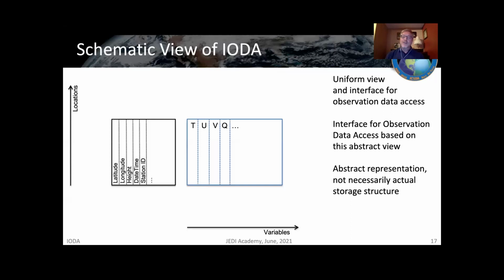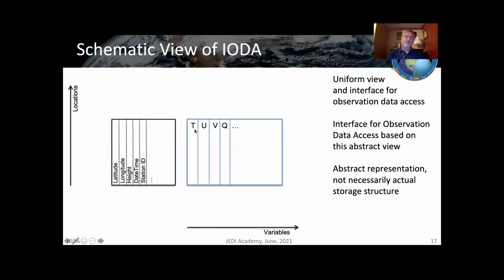So this is an abstraction, and it's not necessarily the actual storage structure, but you can think of these things as tables, where you've got this table in the middle where one of the axes is the locations, the position of where the measurement was taken, for instance, and the other axis is the different variables that you're processing.